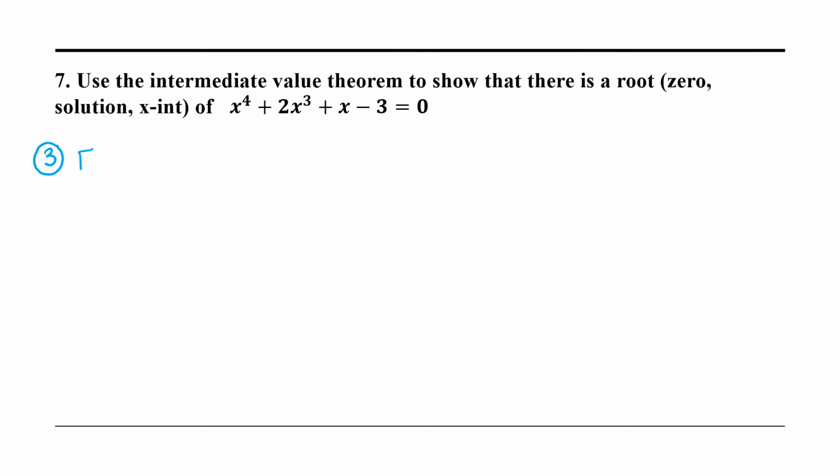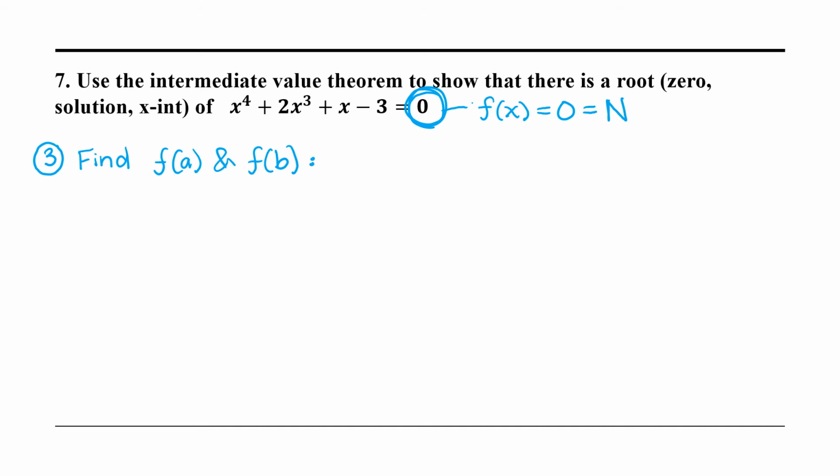Next, we need to find f of a and f of b. If you're not given an interval, that means that we're going to have to find a and b as well. And if we look at this, we're looking for where f of x is equal to 0. So that means that n is equal to 0.